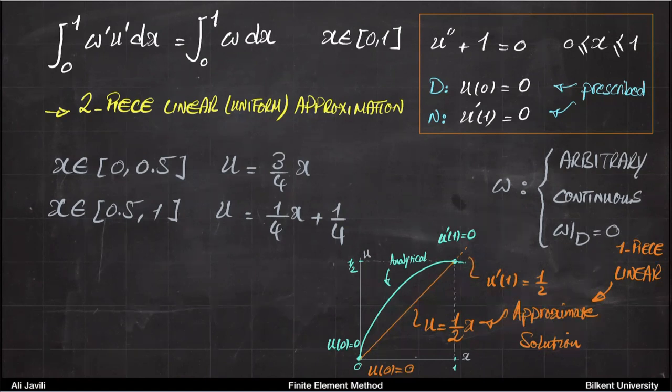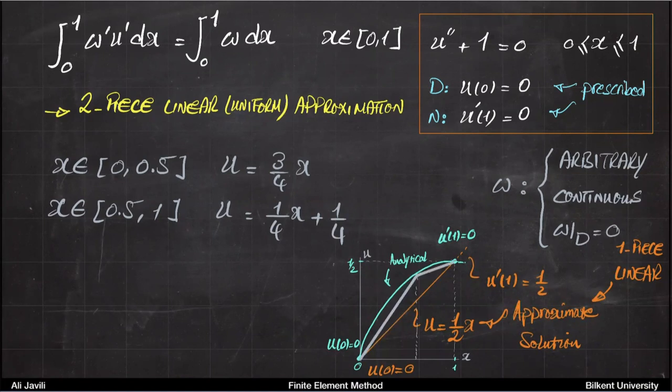So if this is the center, the new function that we talked about is this. That's the first line, or the first piece, and that is the second piece.